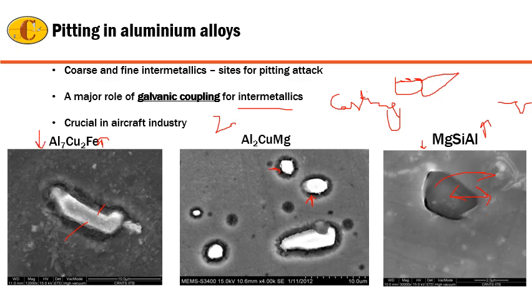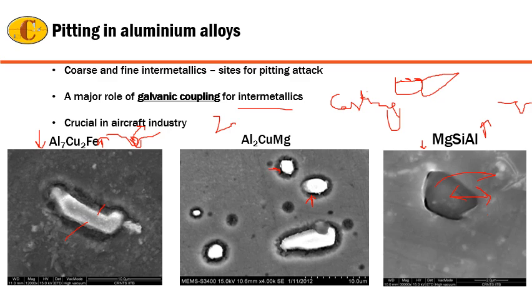So the matrix is aluminium, and the intermetallic will not dissolve, but the surrounding matrix will dissolve. So you will have the pit something like this, where you have the intermetallic over here. Eventually, the pit will grow below the intermetallic and it will fall off. So you again have a complete pit formed.